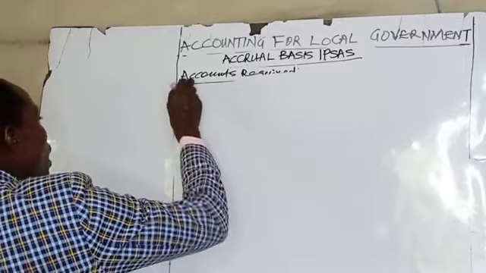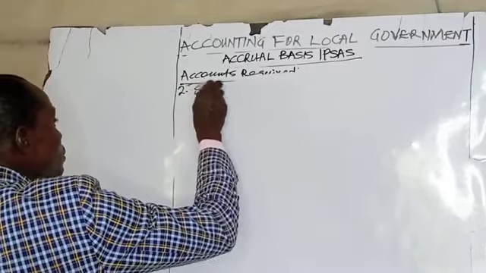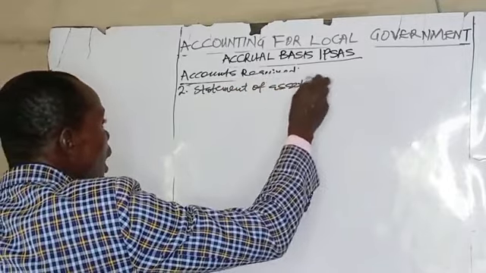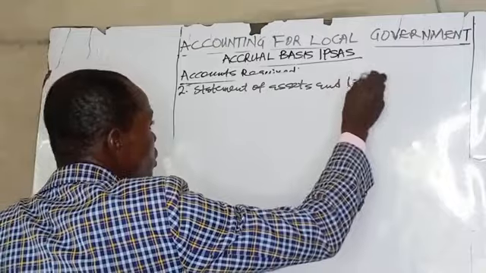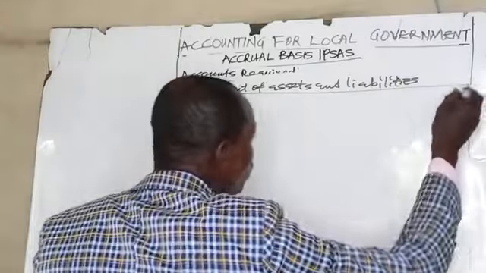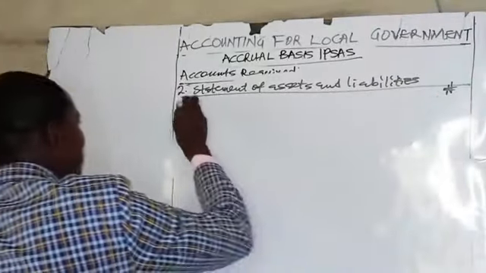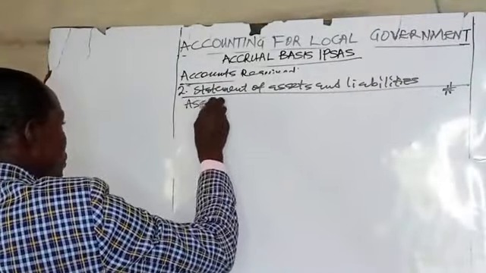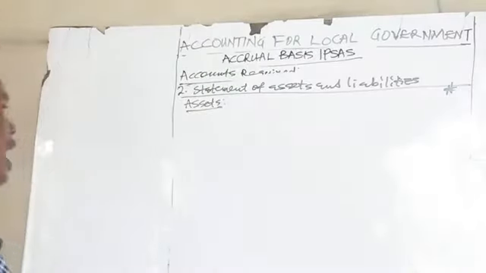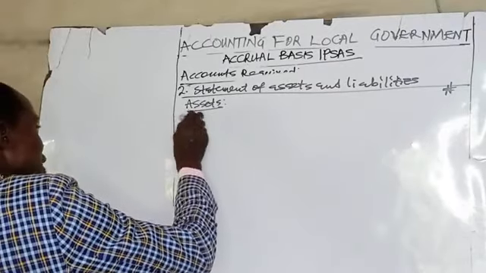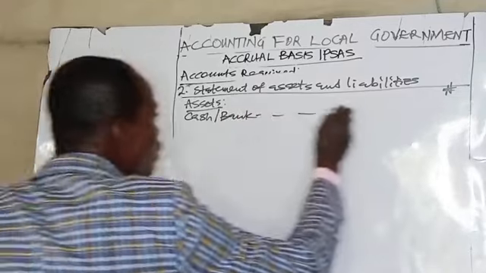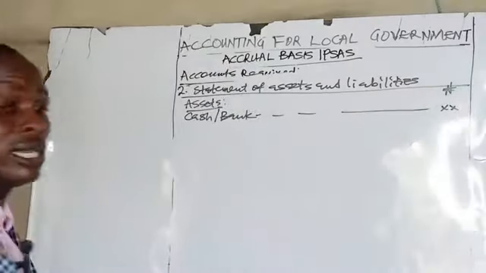The second account required is the statement of assets and liabilities, that is, the statement of financial position. So you start with assets, which may include advances, or you may start with cash, liquid assets, cash or bank, just like the format I gave you under the cash basis IPSAS.